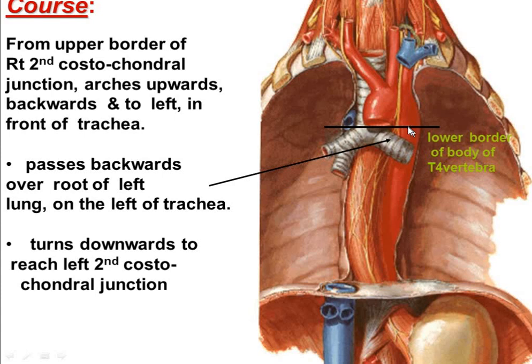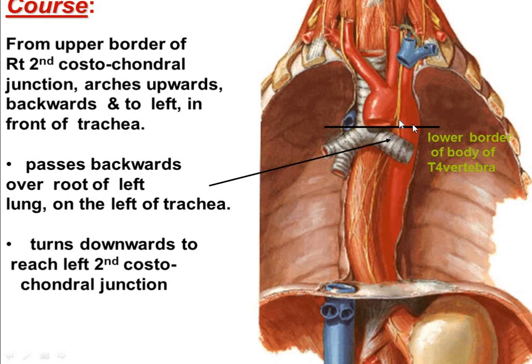Then it turns downwards to reach again the left second costochondral junction, that is the lower part of the T4 vertebra, or the level of the sternal angle, or the level of the disc between T4 and T5.